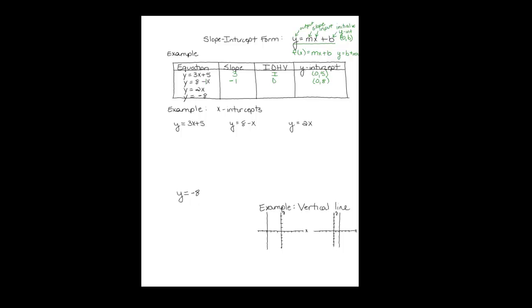Moving on to the next one, y equals 2x. Now, in slope-intercept form, you expect to see two terms, an x term and a constant term. Here, we only have the x term. So the 2 in this case is our slope. It's going to be an increasing line because the 2 is positive. Now, in this equation, I'm just going to tuck in a little plus 0 here.